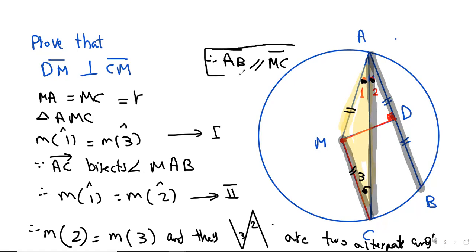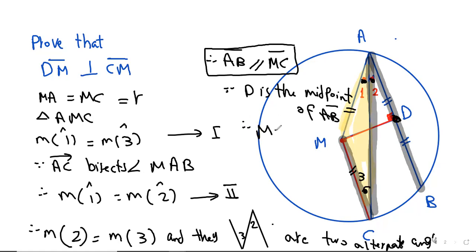Keep it now. And I said at the very beginning that D is the midpoint. Since D is the midpoint of AB, then MD is perpendicular to AB.